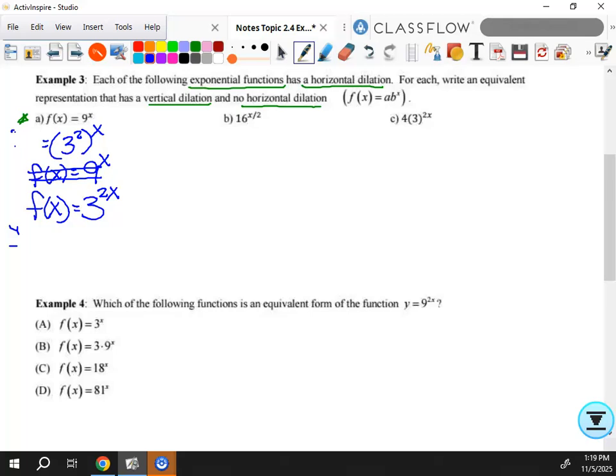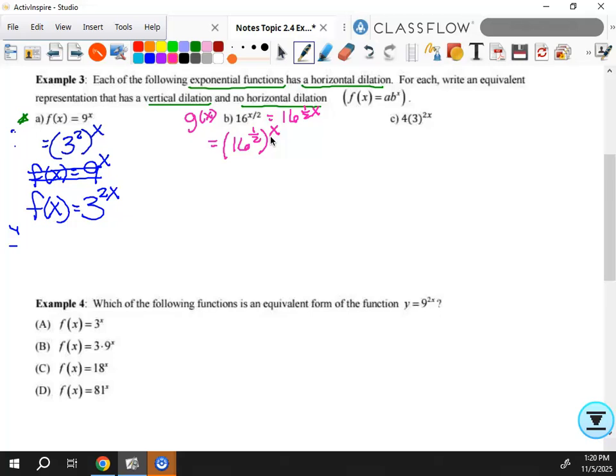All right, on this one, again, I would rewrite this as 16 to the 1/2 x power. That's an exponent, but I can't write that much smaller on here. And I didn't name this one. We'll name this guy g. This would be g of x. So then I would have 16 to the 1/2 power to the x power.